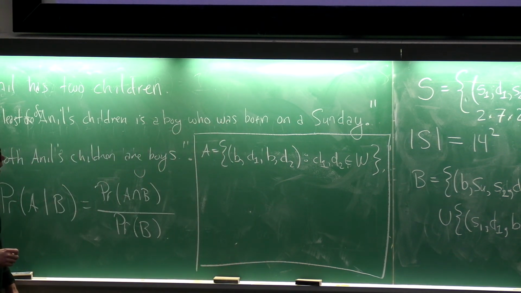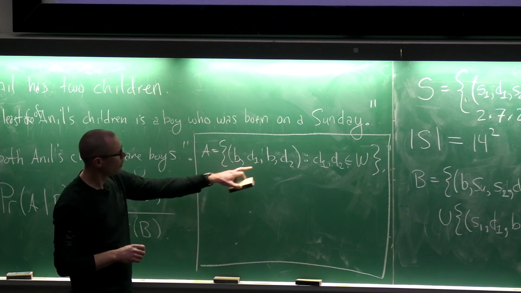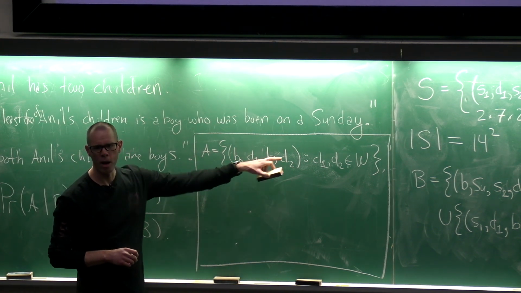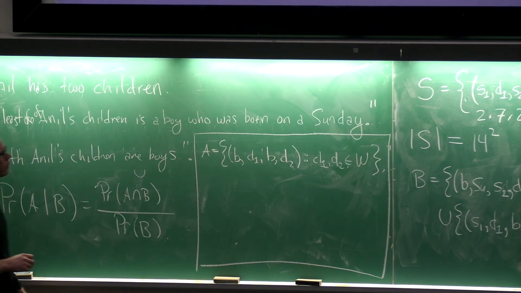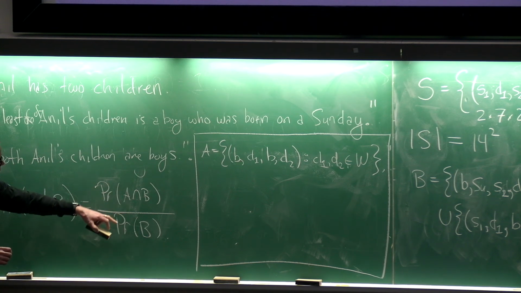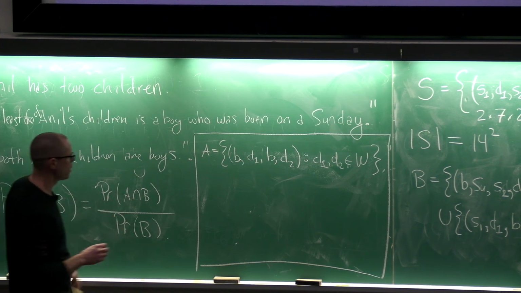That's the set A. Both his children are boys. Doesn't matter what day of the week they were born. All right, so we need to know a couple of things: A and B and the probability of B. Let's take A and B, see what that is.